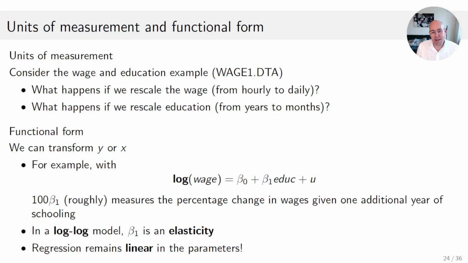If, instead of just writing down wage is equal to beta naught plus beta 1 education plus u, we would write down the log of wage is equal to beta naught plus beta 1 education plus u, then the coefficient here on education times 100 will not measure an absolute effect of education on wages, but it will estimate a percentage change in wages given one additional year of schooling.